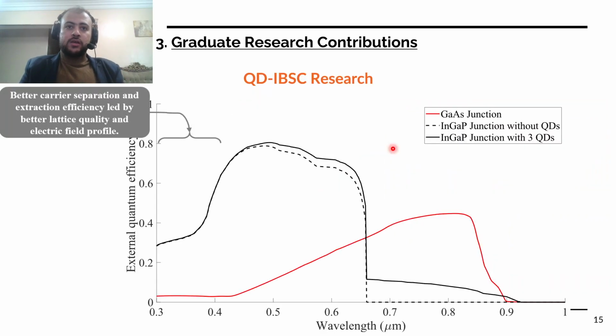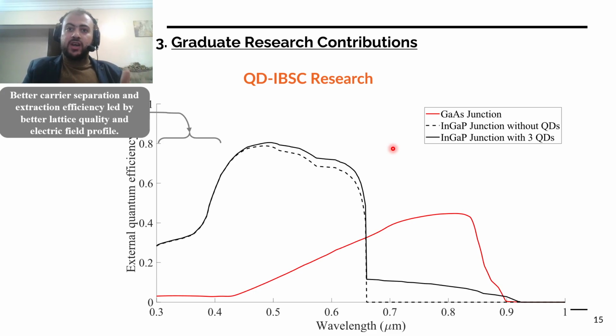By doing an external quantum efficiency study, we also found that many of our postulates came true. The first one is the better carrier separation and extraction efficiency that we assumed, owing to the better material quality of indium gallium phosphide, which has a lower lattice mismatch.